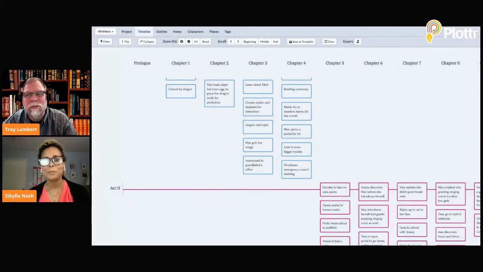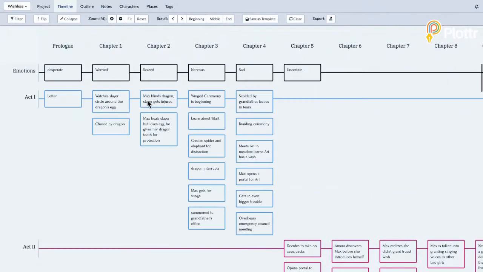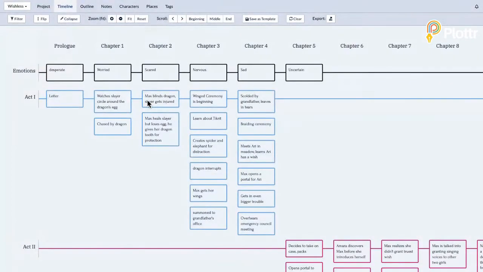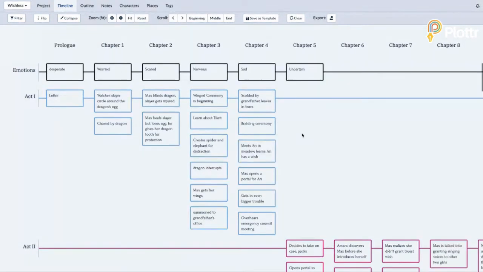So now we'll move into your file. Here we'll share your file, and you can tell us maybe how you started with this. I went in through the template of breaking it down into the 3-act structure. And then one of the books that I was reading, Darcy Patterson's Revise Your Novel, talks about the emotions that each chapter has and to look at, okay, what is your chapter conveying?